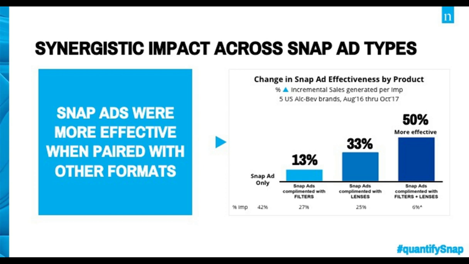Here are the different combinations and how they improve effectiveness, which, as you recall, is the incremental sales you're getting per impression. When you run a filter along with the Snap ad, effectiveness improved by 13%. When you do a lens on top of a Snap ad, it improved effectiveness by 33%.